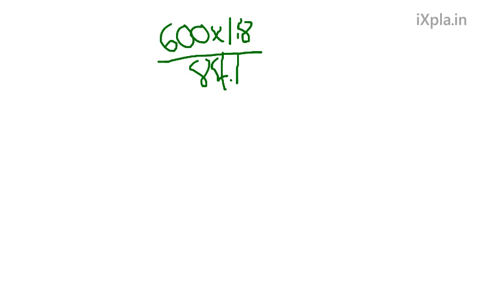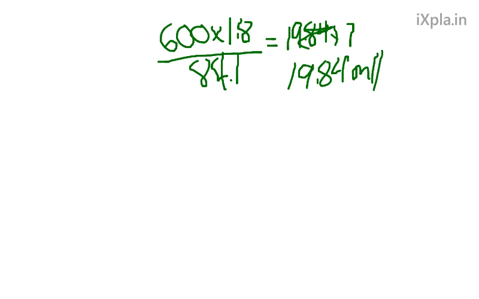So just plug into the formula, 600 times 1.8 divided by his weight in kilograms. That equals 19.84 plus 7. I guess I already did the plus 7, so it's 19.84, just looking down at what I wrote down. It's VO2, and that's milliliters per kilogram per minute.